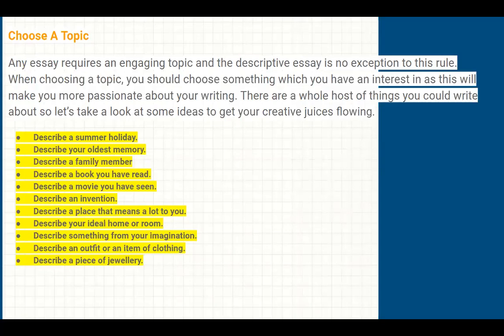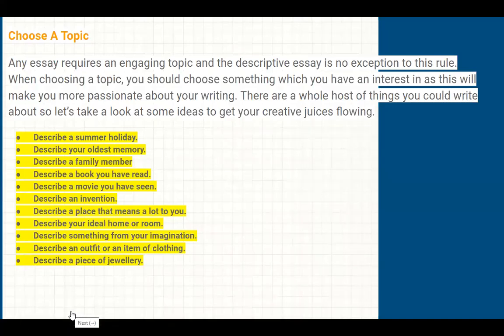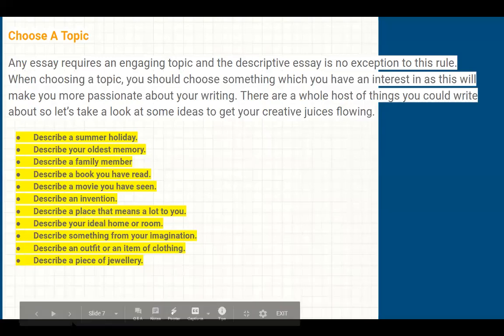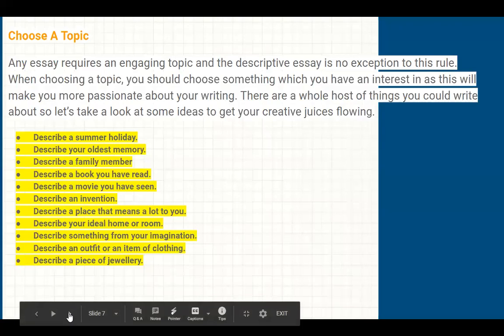Or the outfit of someone, models, or it could be a simple description of a piece of jewelry. So what I'm simply showing you is the whole host of descriptive essays, we have a long list of essay topics. And when it comes to an exam scenario, or different competitive exams, be ready to be asked for any one of these.